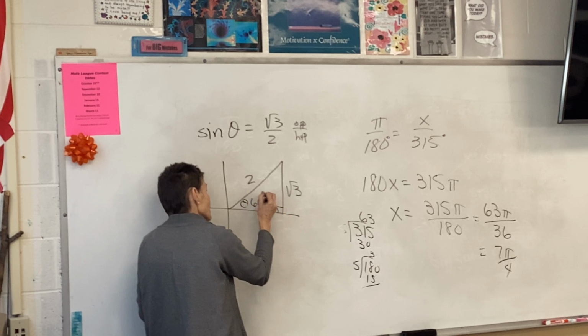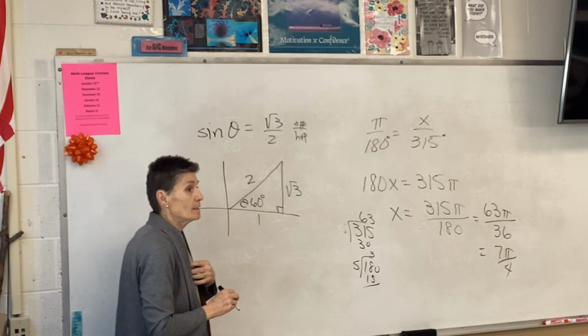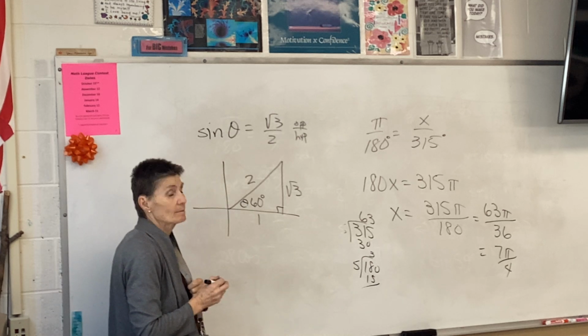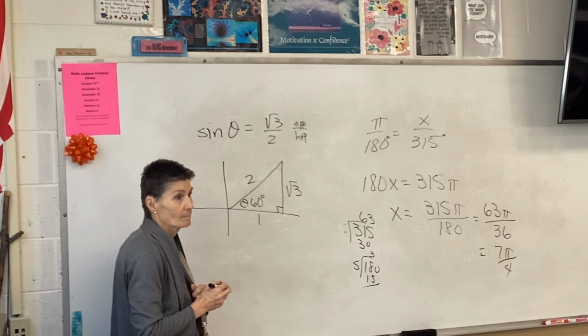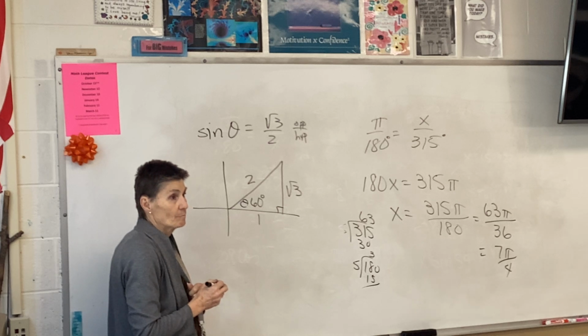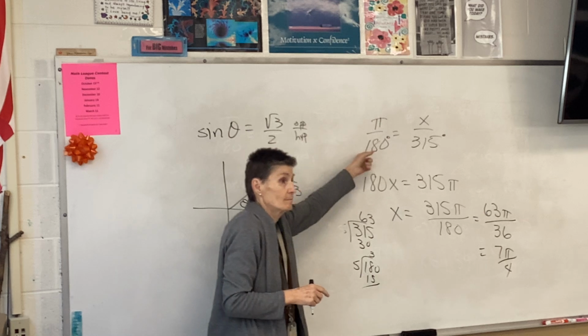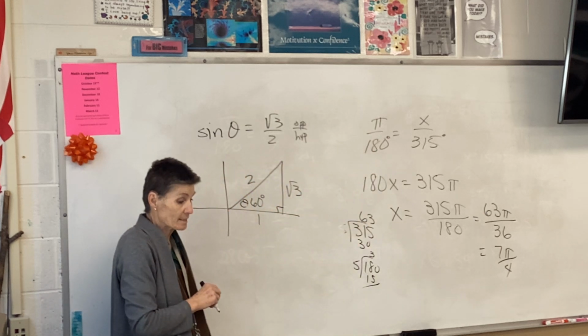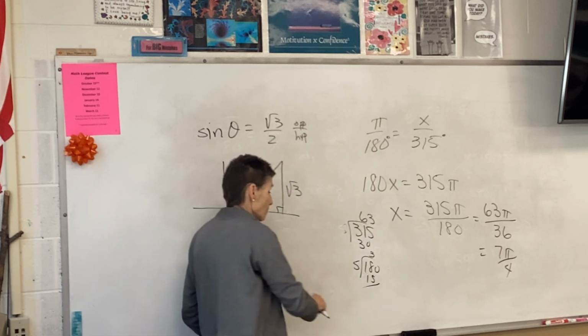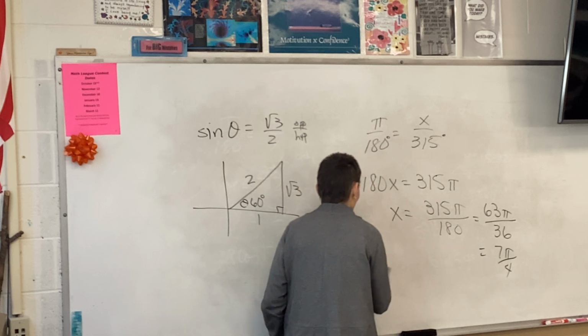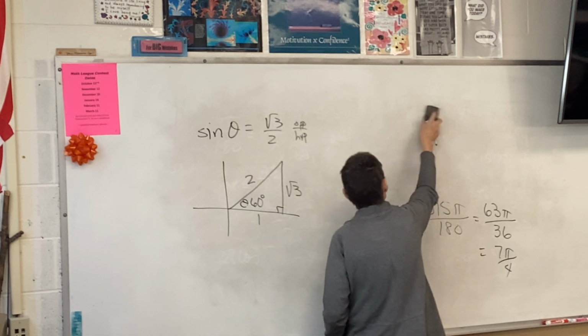So the answer to the question is 60 degrees. How do you put that in radians? We're going to do the next one. The next one is in radians. The next one is the same problem, but now we're going to answer in radians.